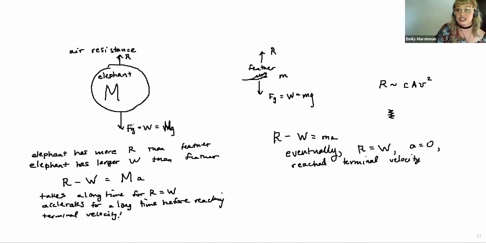And if it ever does reach terminal velocity before it hits the ground, it's going to take a long time for that to happen. And that terminal velocity is going to be very large. So the elephant accelerates for a longer amount of time than the feather. It has a larger terminal velocity than the feather, and that's why the elephant is going to hit the ground first.